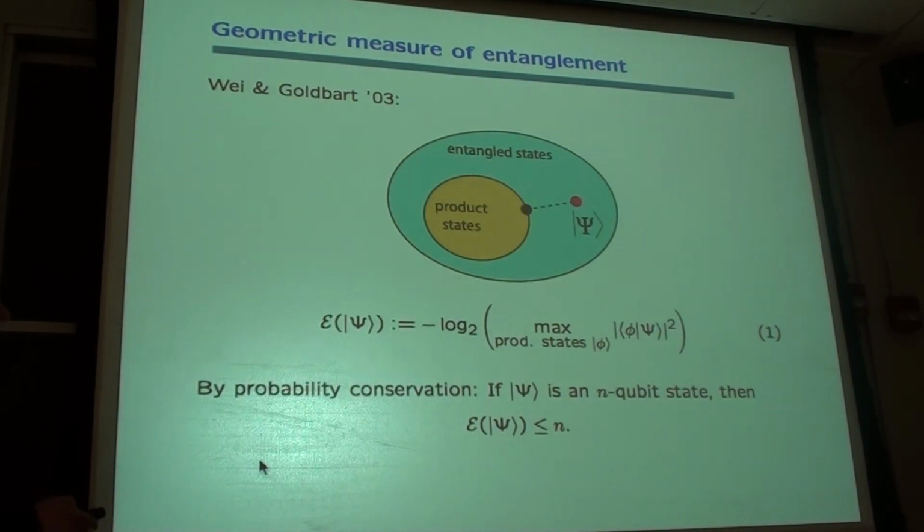Then this means the probability of this measurement outcome occurring would be smaller than 2 to the minus n, but then we can extend that given state to a basis, and then all these other measurement outcomes must be even less likely, but there's only 2 to the n of them because we're dealing with an n-qubit system. So I have to sum up these measurement outcomes, and they have to give 1. And they couldn't if that measure here was larger than n.